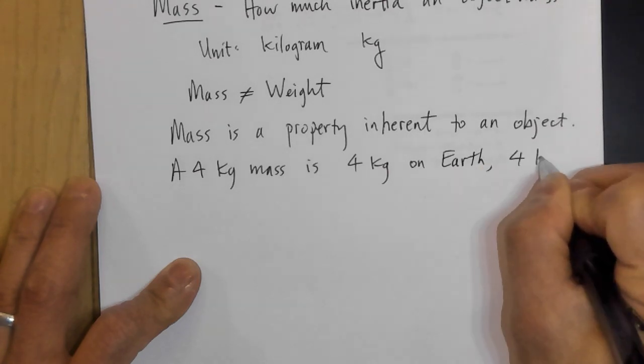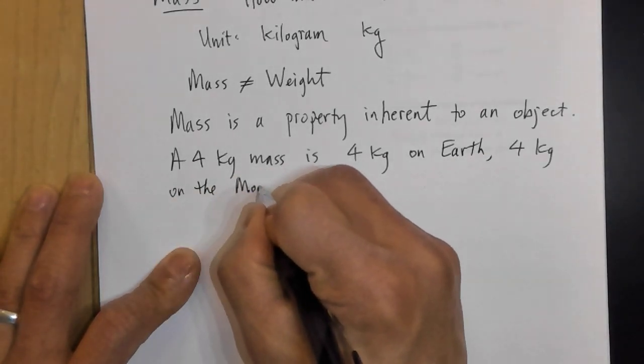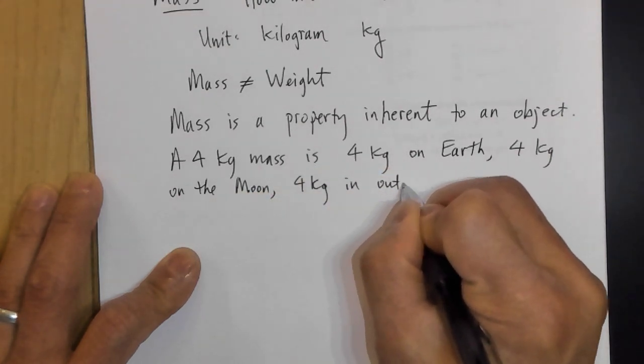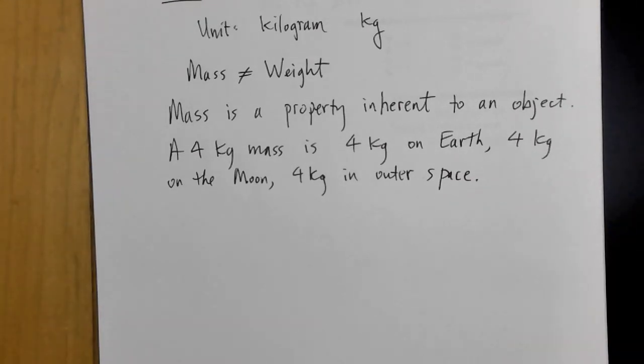It is 4 kilograms on the moon. It's 4 kilograms in outer space. It never changes. Whereas when we talk about weight, it will depend where we are, how strong gravity is. We'll talk about that later.